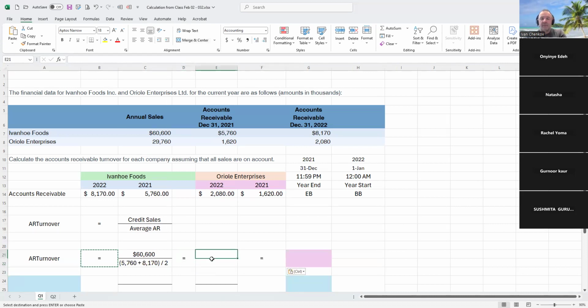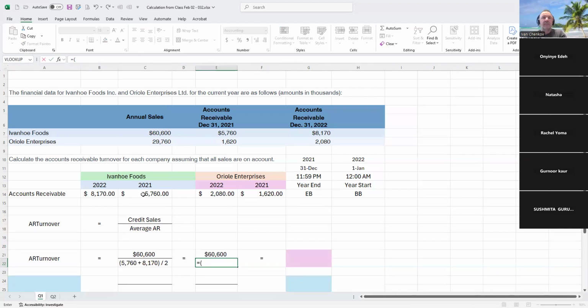So now let's do the calculation. Here will be the same number, right? There's no difference. For the other one, there will be changes. Now we're going to get this one plus that one divided by 2. Is your credit sales for the next company not different?